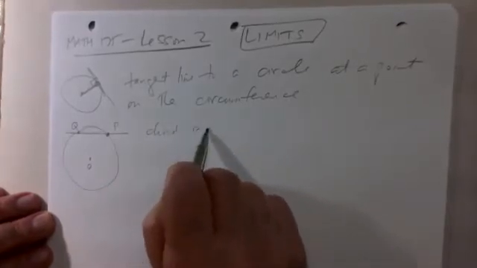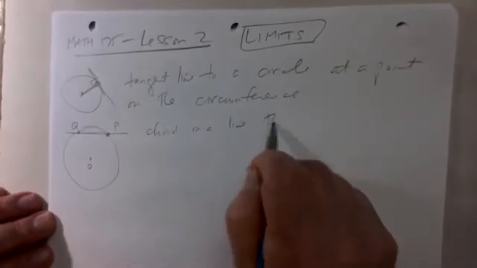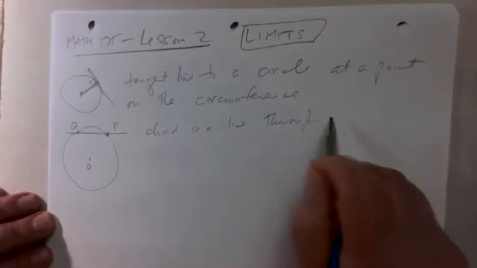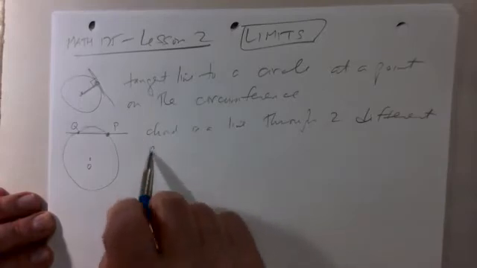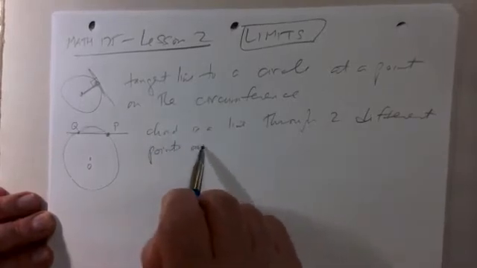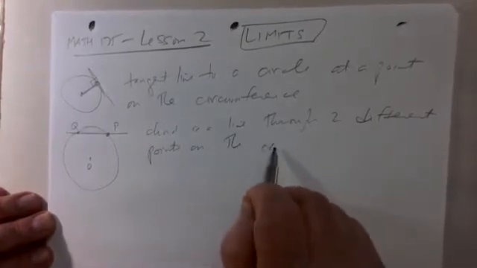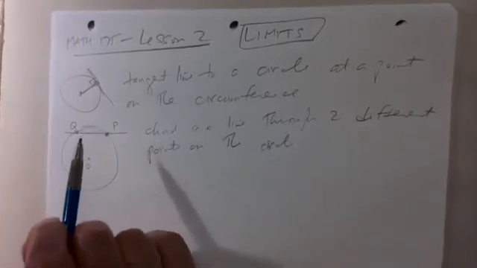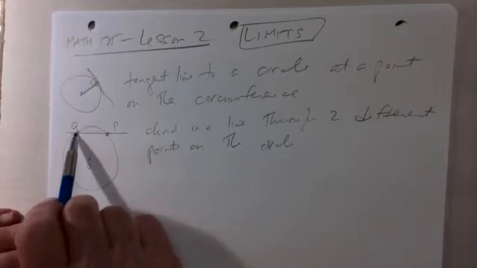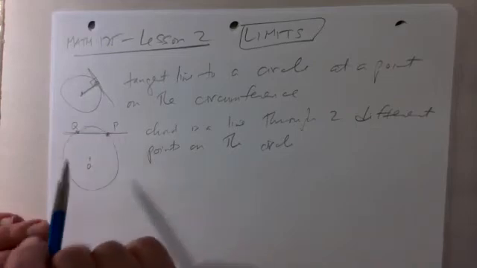A chord is a line through two different points on the circumference of the circle. Right? And so here's the point Q, here's the point P, you draw the chord.